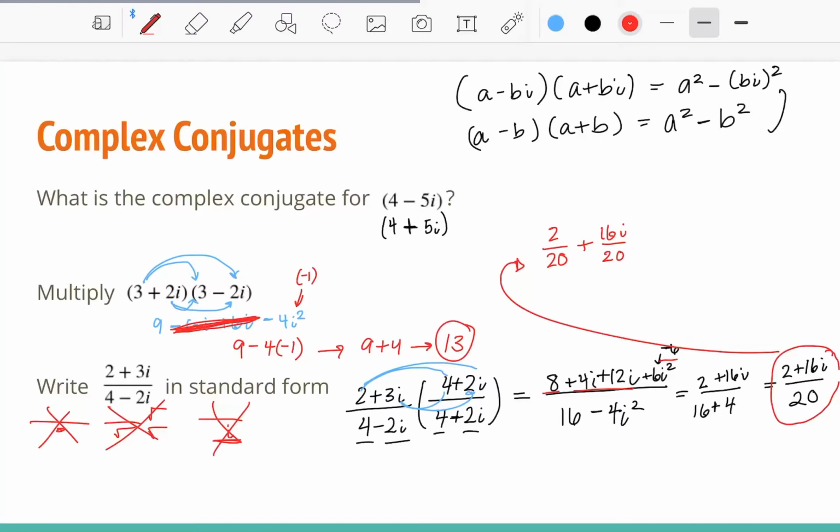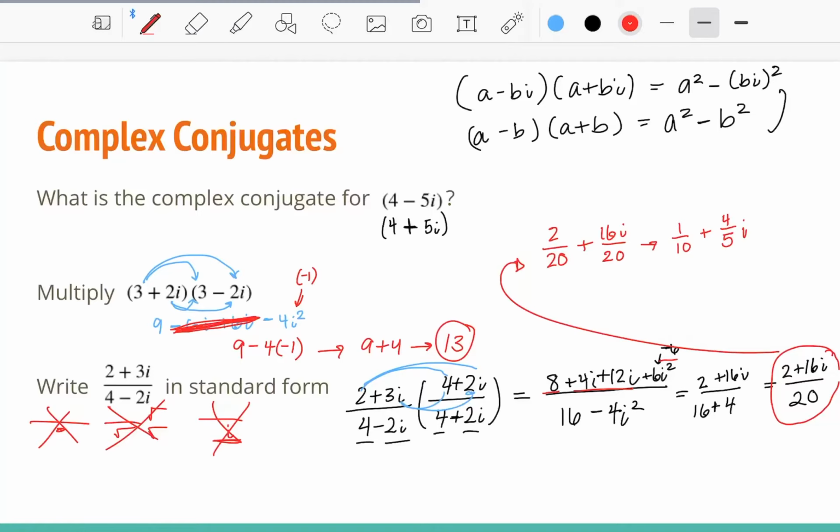Okay, and now I can simplify those two fractions. When I simplify that, 2 over 20 is 1/10 plus 16i over 20, that would be 8i over 10. Ooh, we could keep going actually, right? 16 over 20, the biggest factor I can take out is a 4, so I'll get 4 over 5i.